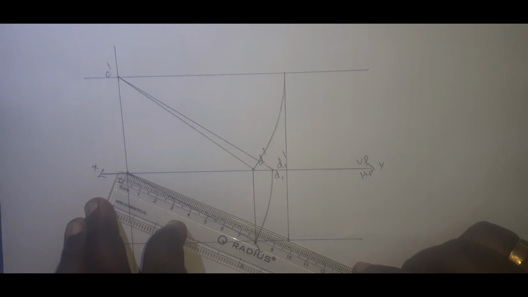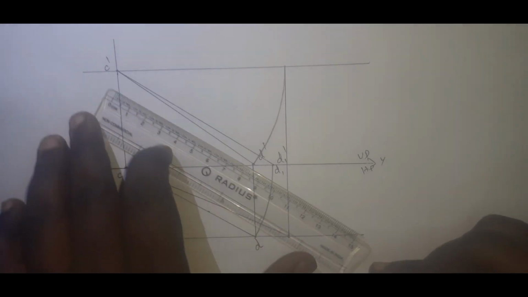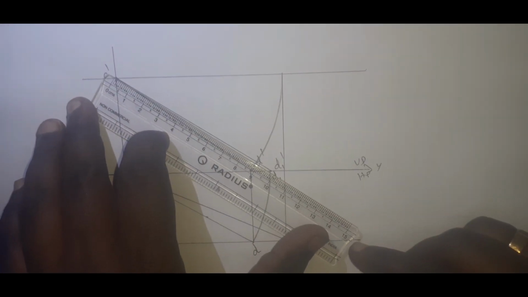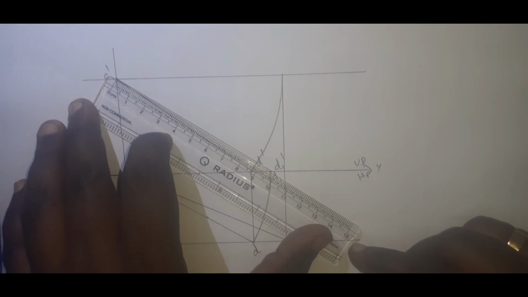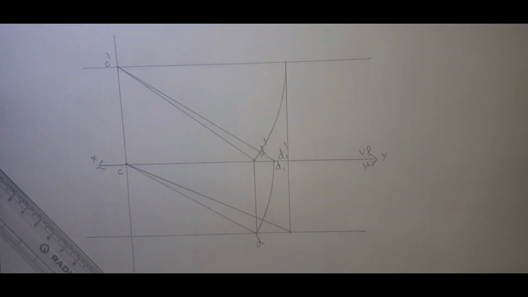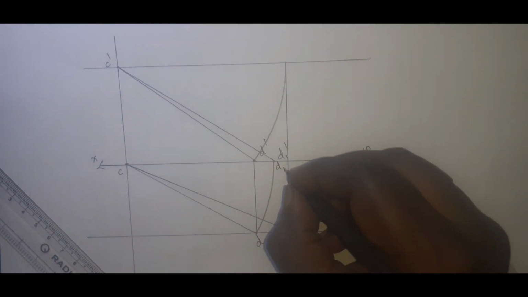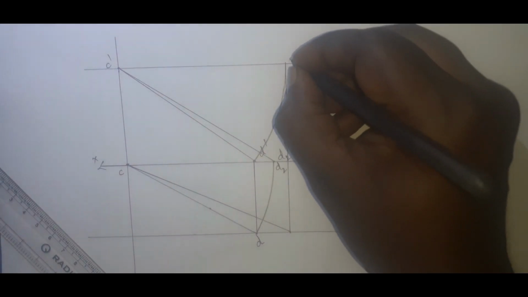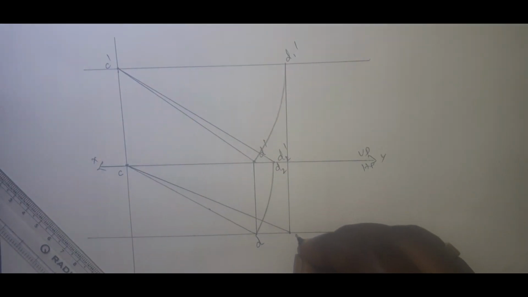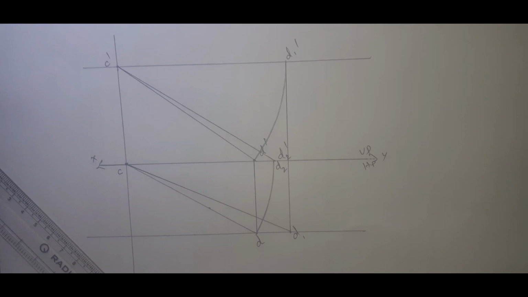So this is exactly 9.6 and here this value is also 9.6. So here our problem is exactly correct. So here I can say this is D2 and this is D1 dash and this is D1. Okay, now we can make the dimensioning.